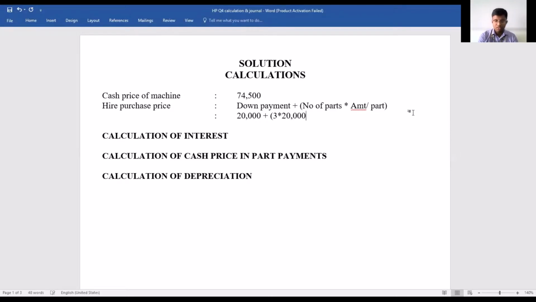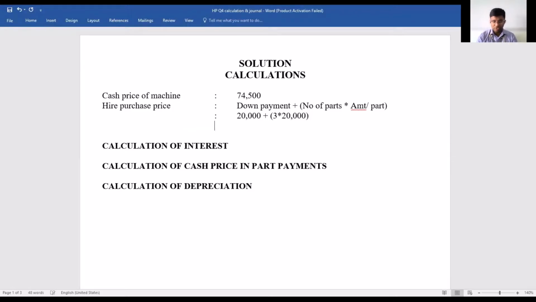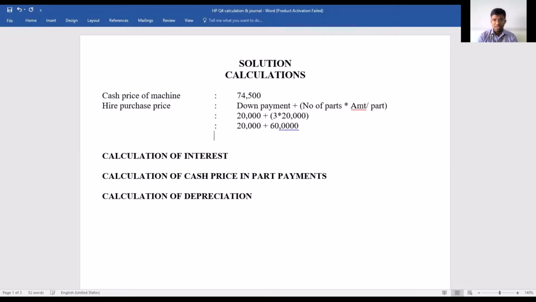When we solve this, we will get 20,000 plus 60,000, which means hire purchase price is 80,000. Notice cash price is 74,500, and hire purchase price is 80,000. The difference between these two prices is what will make up the hire charges. So we have just computed the cash price and the hire purchase price.